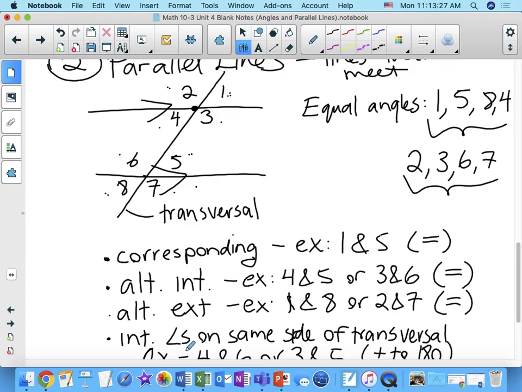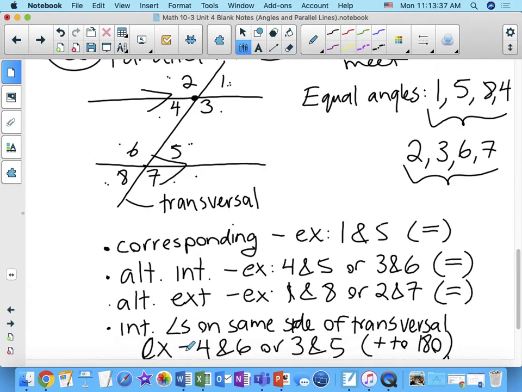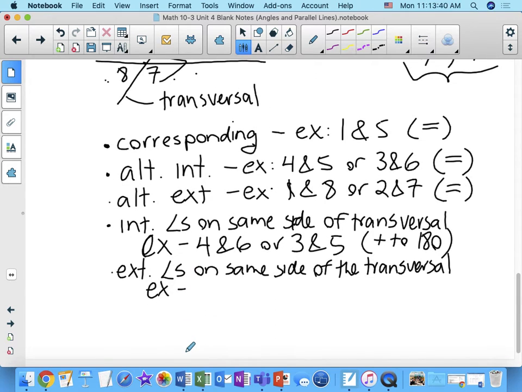Okay, what about the one for angle 2? 8. Does that make sense? Yeah? Okay. So 1 and 7 and 2 and 8. Okay. And are those ones equal to each other? Let's look again.